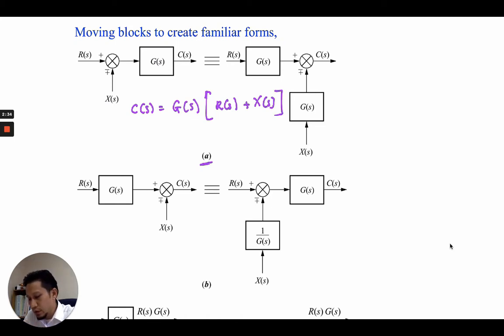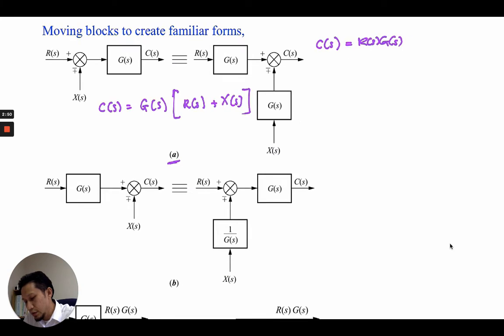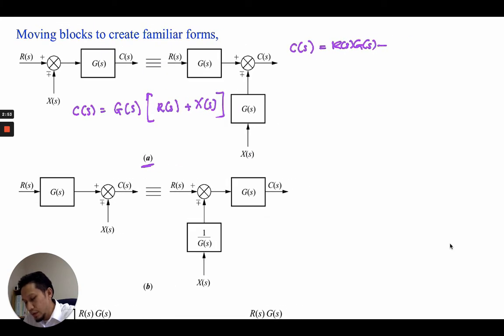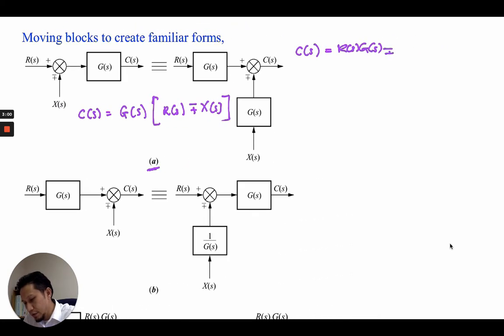So on the right hand side, the output C(s) is a summation of R(s)G(s), and then we have another input here, minus plus, X(s)G(s).